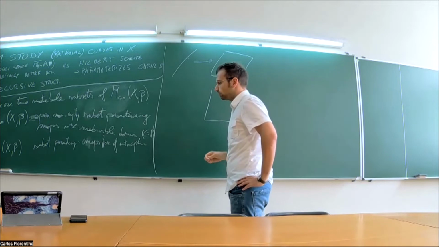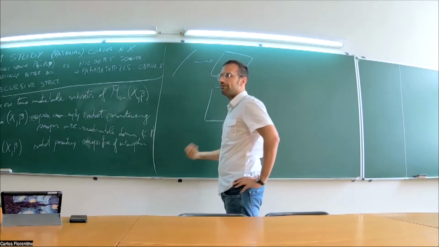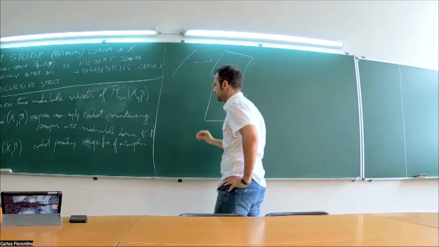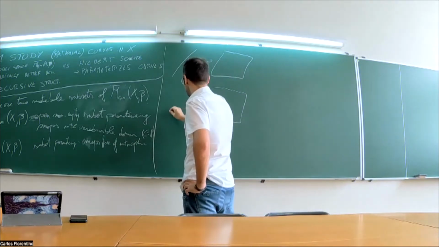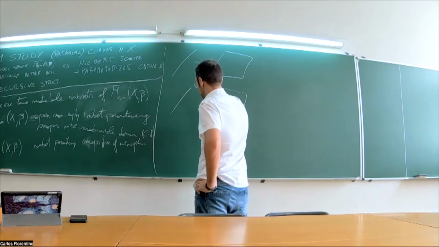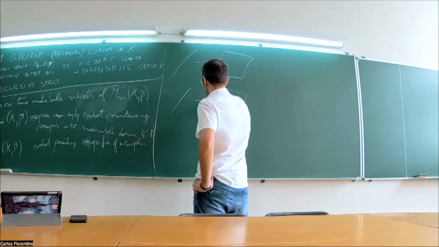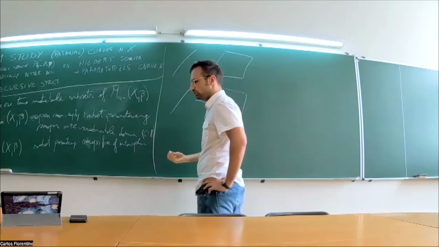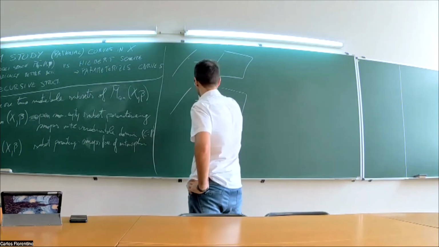When can I have an automorphism in my stable maps? For example, if I have a stable map with, let's say, irreducible domain, and this map is not generically injective, so for example it's 2 to 1.